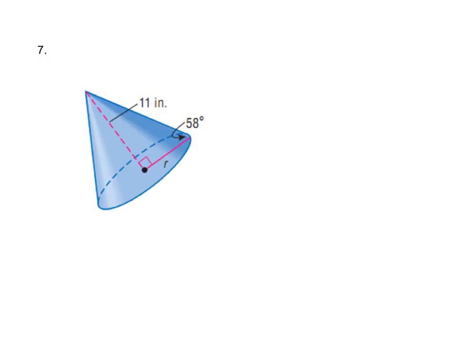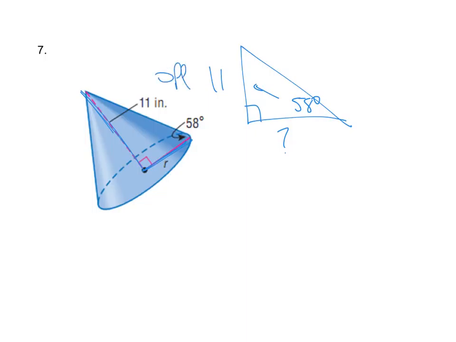So here, tricky. We got to use some stuff we've known from before. So this is going to be 58. This is going to be 11. We got to figure out this thing. Oh, if only there was a way to do right triangle stuff. Oh, wait, there is. It's called trigonometry. Yeah, that old gem's coming back. So 58, that's opposite. This is adjacent. So I want tangent for that one.